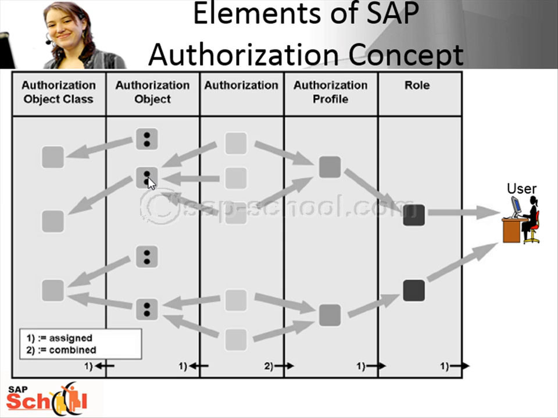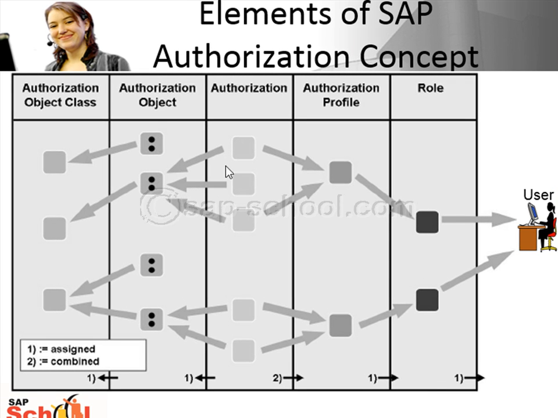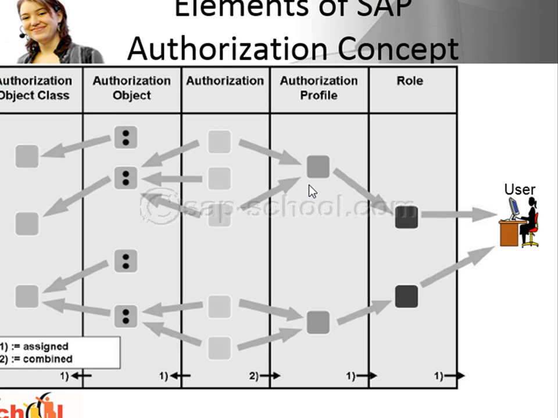For example, it could be a sales organization or a purchase organization, etc. An authorization helps in combination of allowed values for each authorization field of an authorization object. An authorization profile contains authorization instances for different authorization objects.